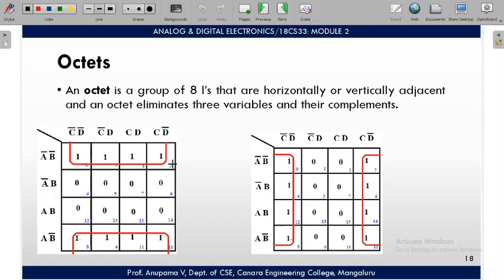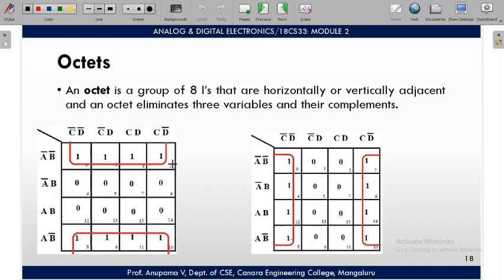That is, if it is possible to form an octet, form it; if there is no octet, then try to form a quad, then a pair. The octet has the highest priority since it eliminates three variables and their complements, whereas a quad eliminates two variables and their complements, and a pair eliminates one variable and its complement.